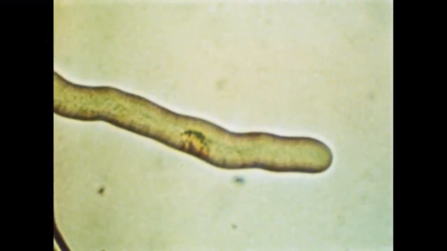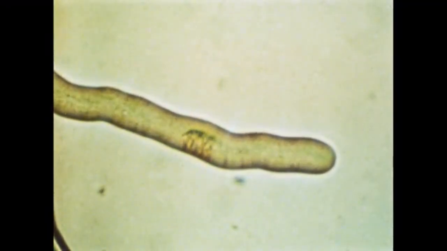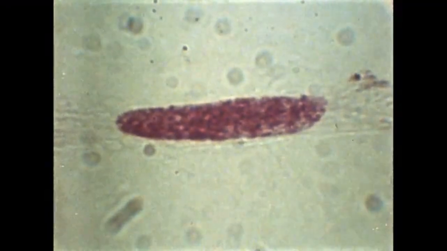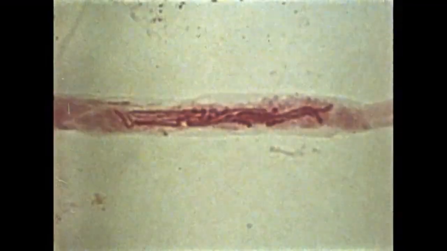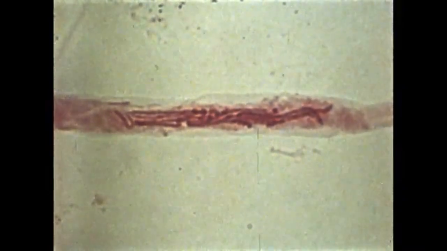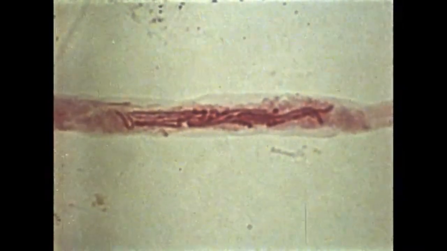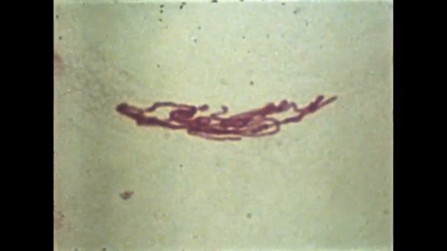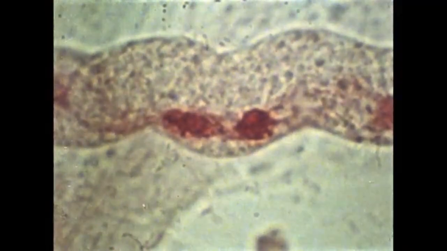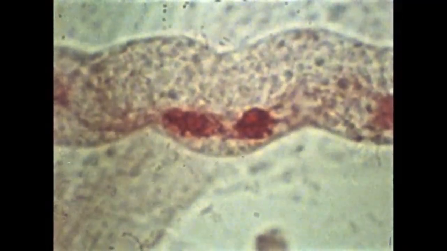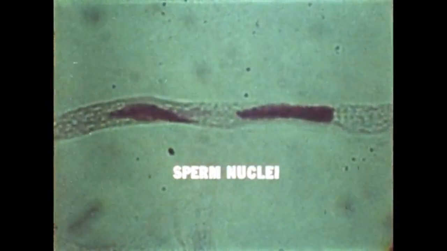The generative nucleus continues its movement until the tube reaches the bottom of the style. Here, the generative nucleus undergoes a marked change. It starts dividing. Chromosomes become visible. Then the nucleus splits in two. The two resulting nuclei are called sperm nuclei.